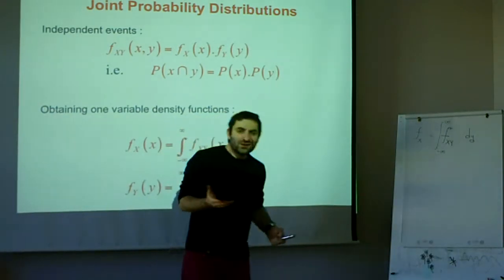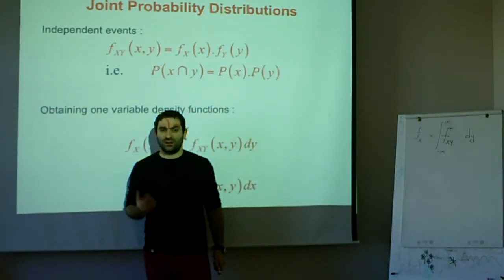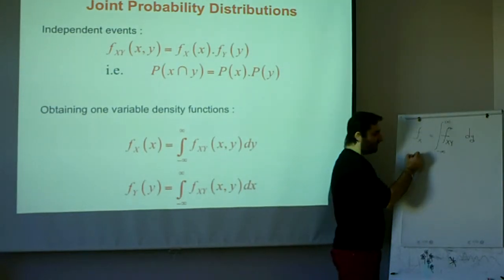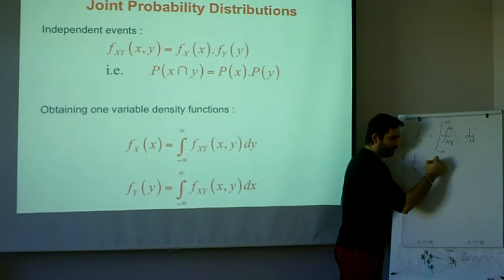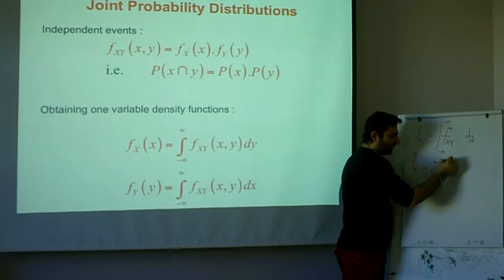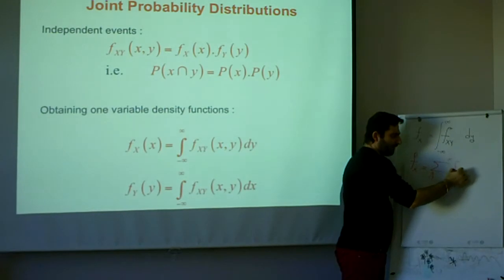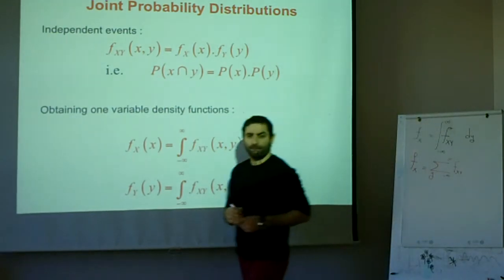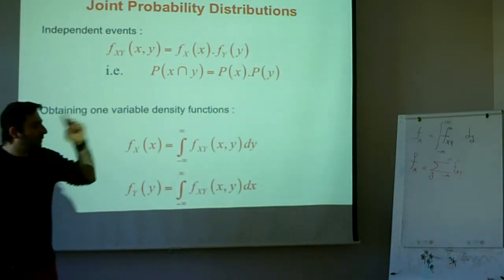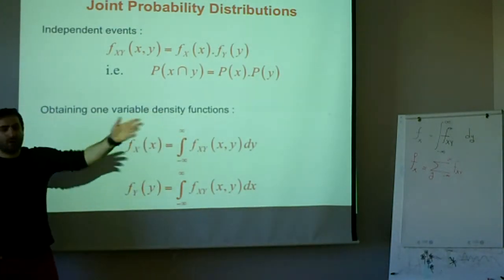I'm showing you a continuous case, and the formula here shows you a continuous random variable. What about the discrete one? Over y from minus infinity to infinity of f of x and y. So if you want to get f of x, you integrate f of x and y over y.